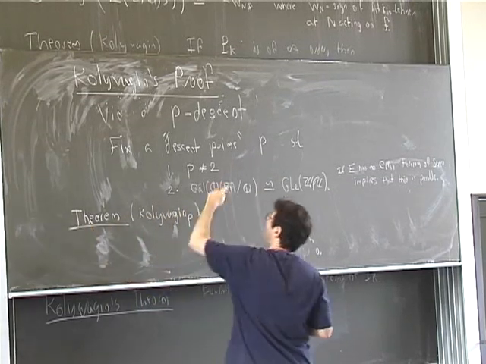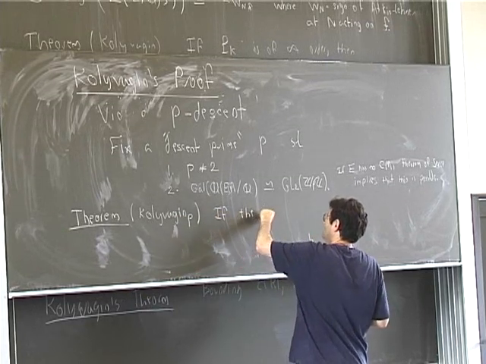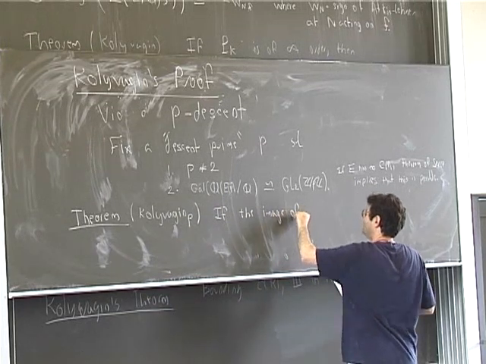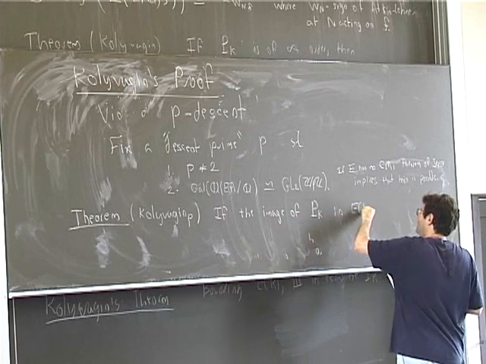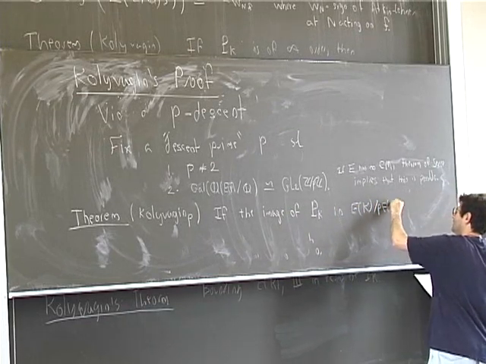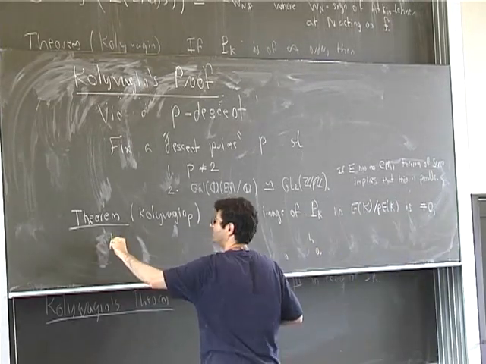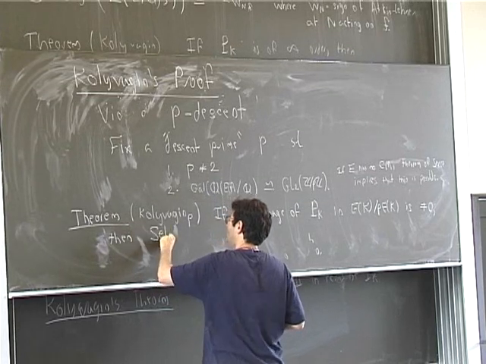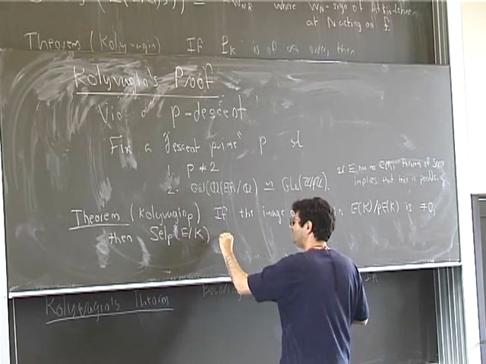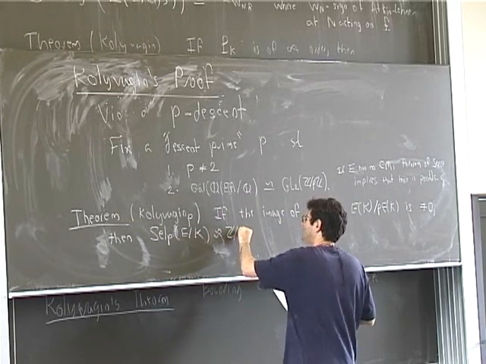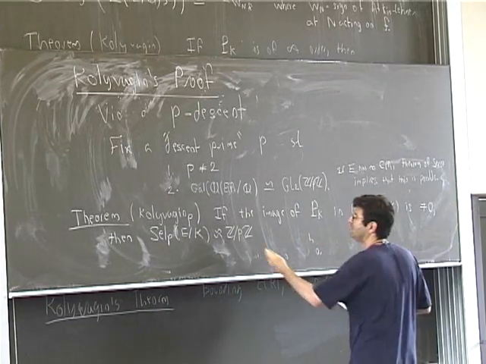It's the analog of the theorem I wrote before, but it begins with the assumption that the image of the Heegner point Pk in the Mordell-Weil group mod p is non-zero, then the p-Selmer group of E over K is isomorphic to Z mod pZ. So it's one-dimensional as a vector space over the field of p elements. This is the Selmer group I defined yesterday.